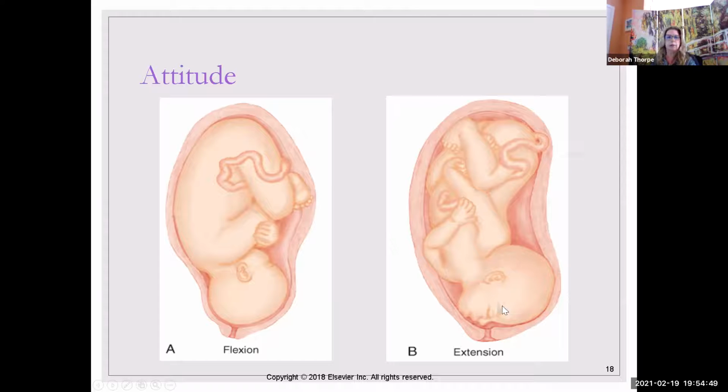This little one is going to have difficulty, right? You go to do a vag exam on him, you're sticking your finger in his eye on the mom, okay? Most likely this mom would need to be C-sectioned unless they could turn the baby somehow.